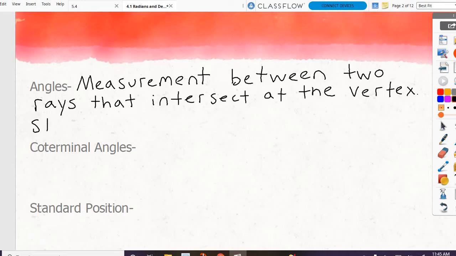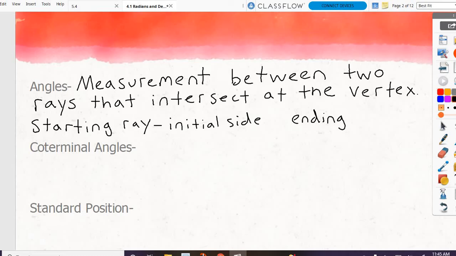We have the starting ray, which is like what we're measuring from, and we call that the initial side. And then we have the ending ray, which we call the terminal side.